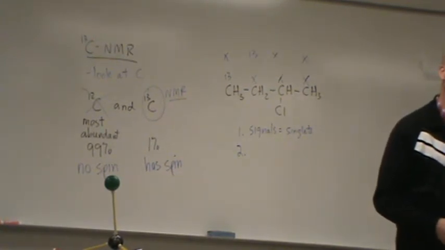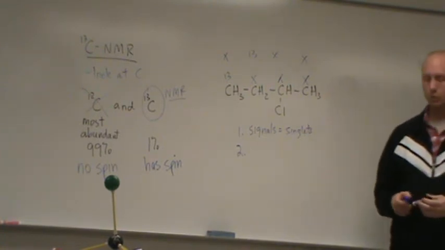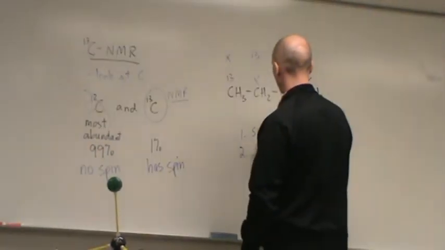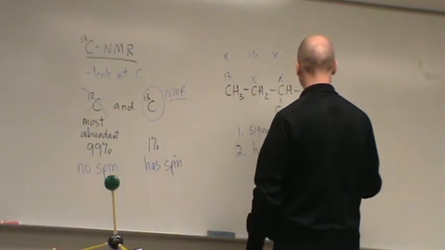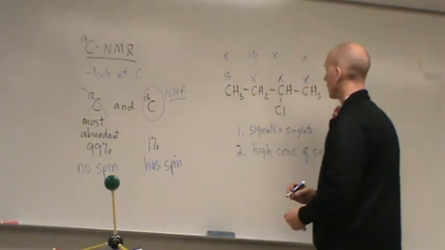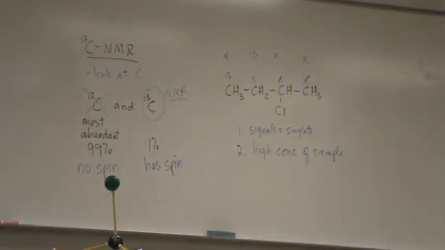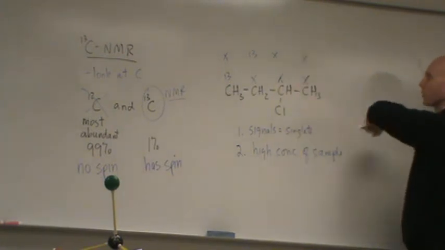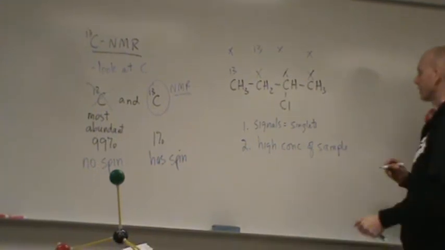I'll need a jillion of them, as many as I can. So, in other words, I will need a high concentration of sample to ensure I get C13s throughout the molecule. Because again, no one molecule gives me them all, so I need a huge collection to do that.